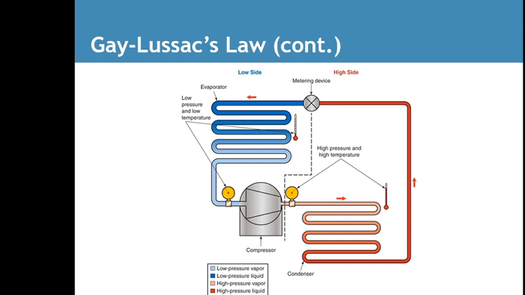That's why the pressure stays high on the right-hand side of this unit. And as it goes through, it's 80% liquid, 20% flash gas. As it's going through the evaporative coil, it changes to a vapor. And it changes that by accepting the heat out of the air that's blown through it. And back to the compressor.